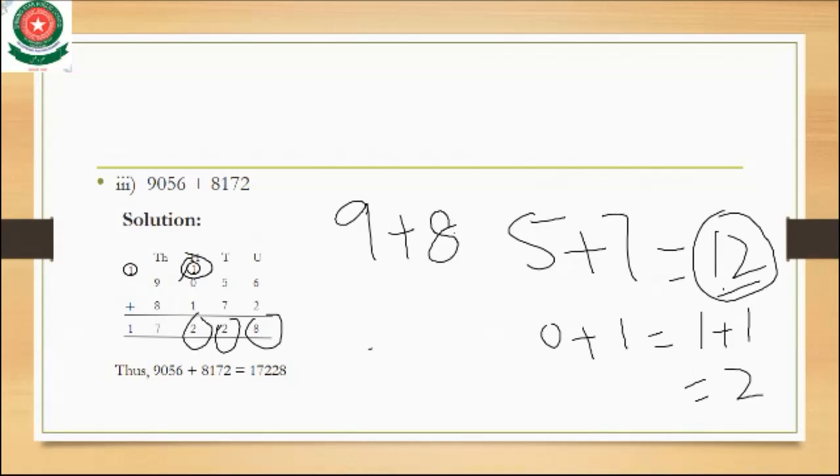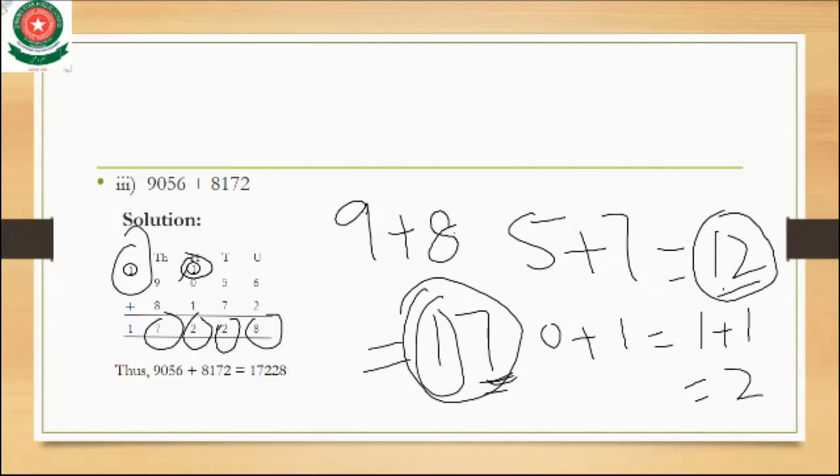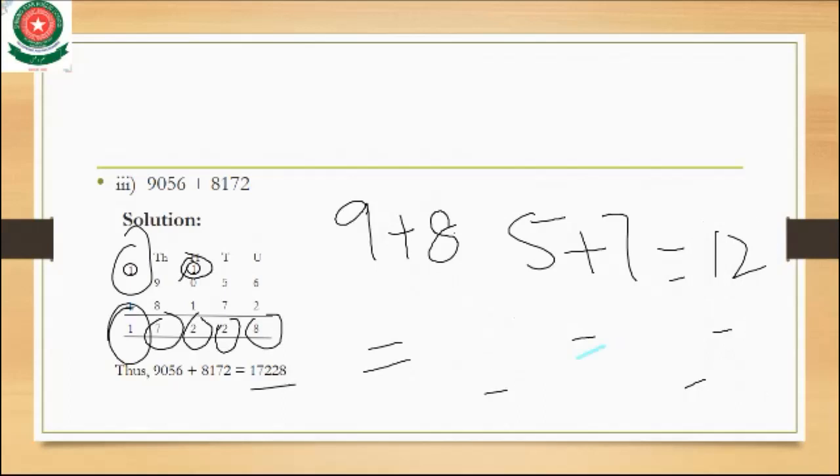In 17, the rightmost digit is 7. So 7 has come here. The next digit is 1. 1 goes as a carry. There is no value under the carry. So we will write the carry here. Okay, the answer is 17228. Any query, class?